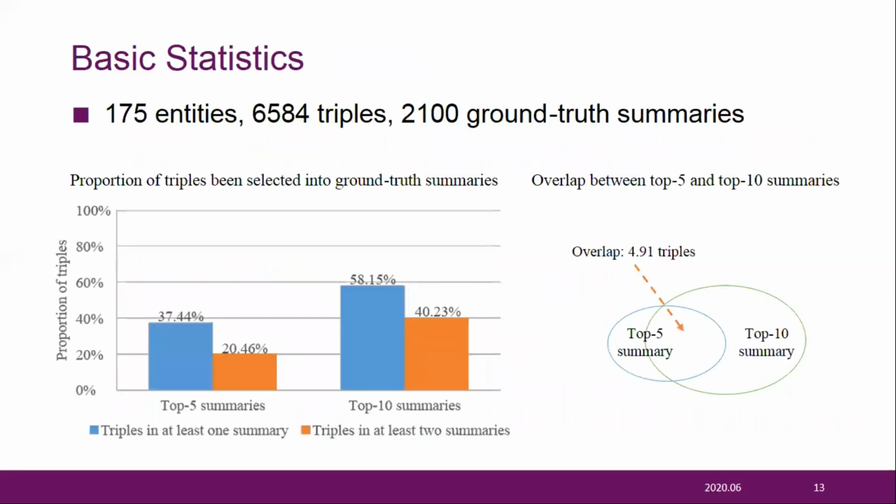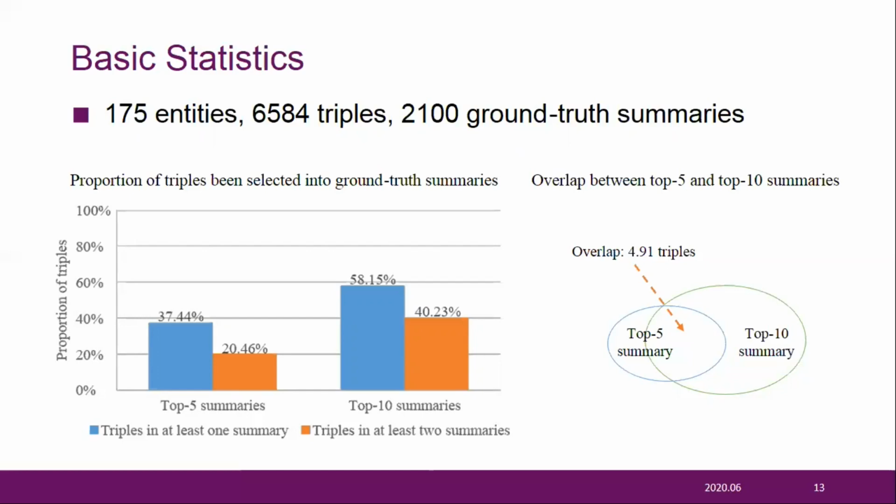First, here are the basic statistics about ESBM. It contains 175 entities, and there are collectively 6,584 triples in the anti-descriptions, and 2,100 ground truth summaries are created.